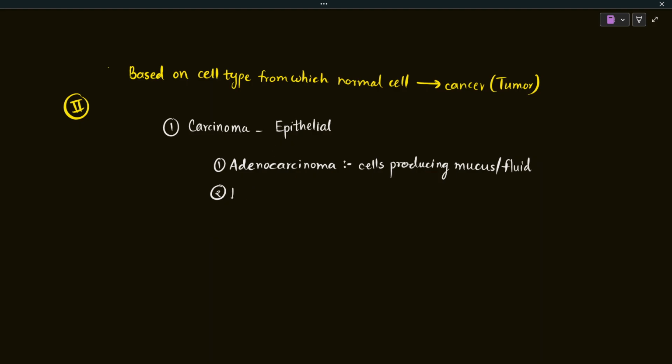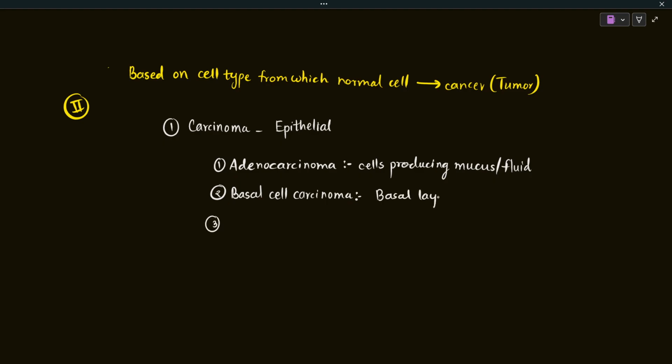There's the type known as basal cell carcinoma, where the basal layer of the epidermis undergoes the transformation. This is related to the basal layer of the epidermis.